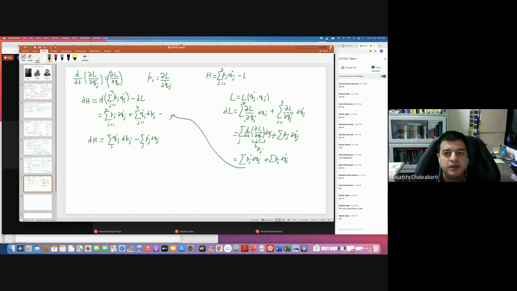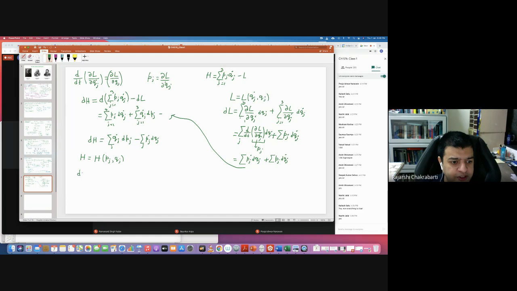Now, what I have done with the Lagrangian, I can do the same with the Hamiltonian, because the Hamiltonian is also a function of this.